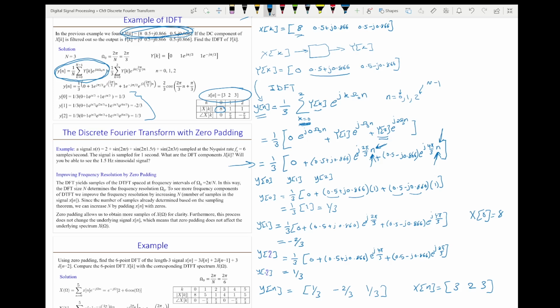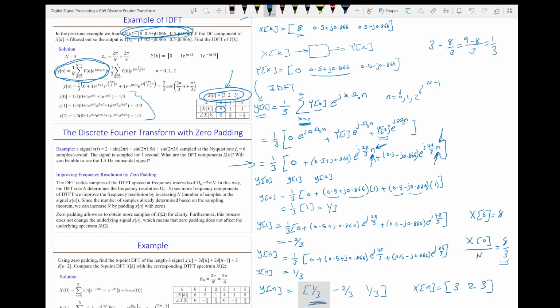So how much DC did we remove? It is always X0 divided by N. In this case, N is 3, so it is 8 over 3. So basically, subtract 8 over 3 from this signal. So 3 minus 8 over 3, that is 9 minus 8, that's 1/3.